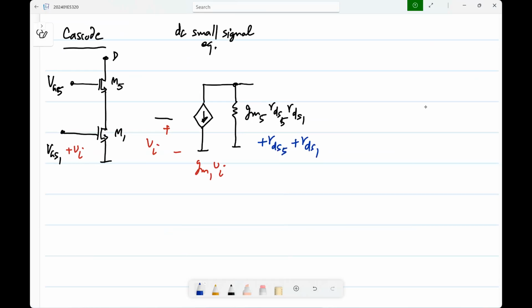You must have analyzed this many times, so I won't go further into that. But why does this combination increase the output resistance? What is happening intuitively?